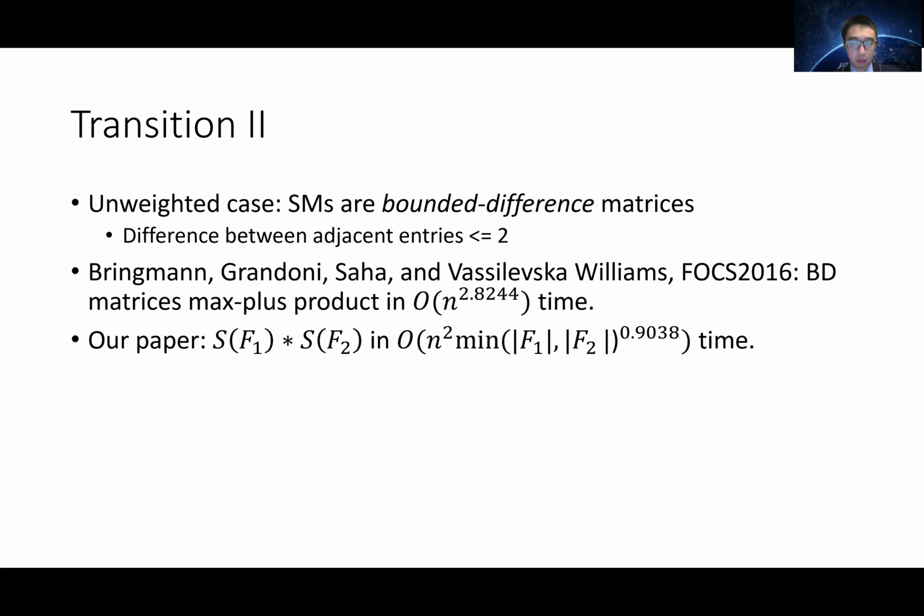In our paper, we extended this to similarity matrices, and we showed that the max plus product of the similarity matrices S of f1 and S of f2 can be computed in O(n) squared times the min of the size of f1 and the size of f2 to the 0.9038.